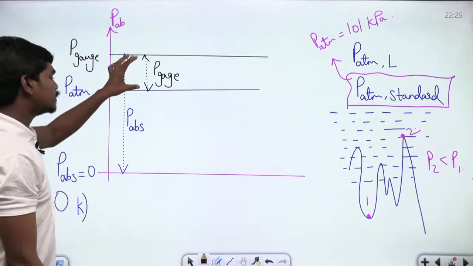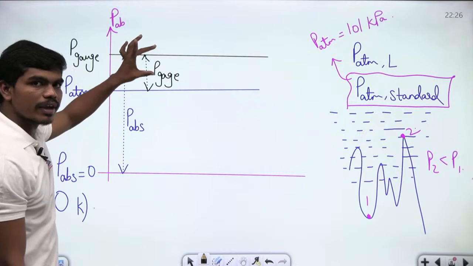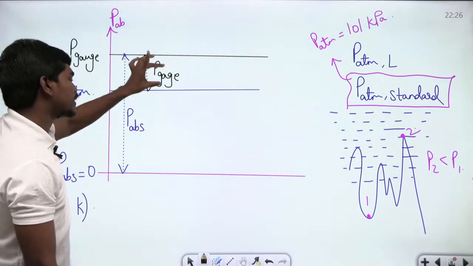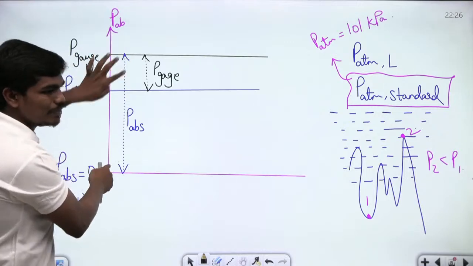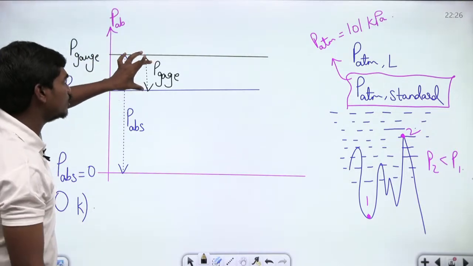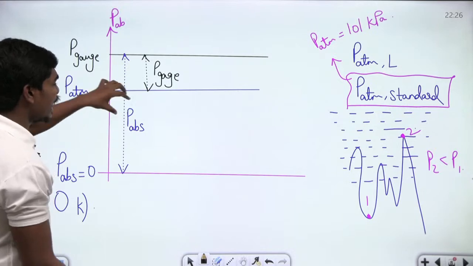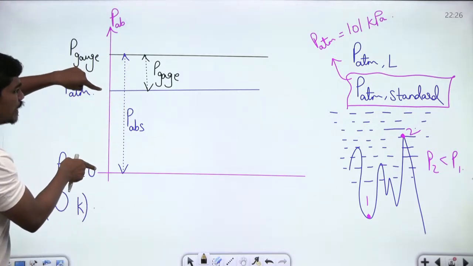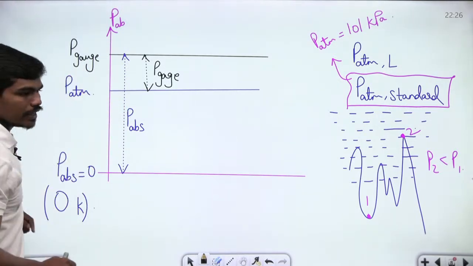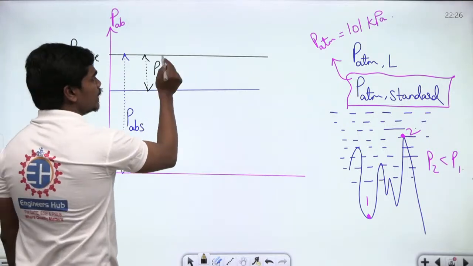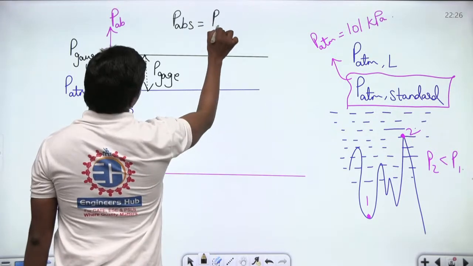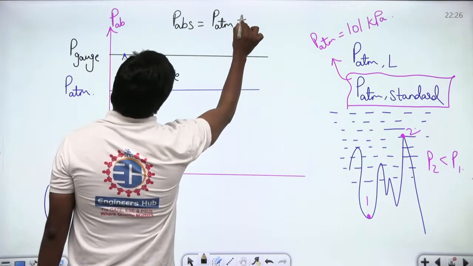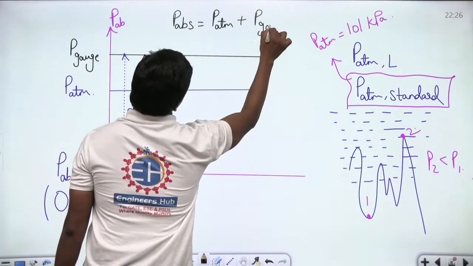Now this gauge pressure is the reading given by your pressure gauge, but the actual value of the gas inside the container is this total value P ABS. And why is this gauge giving only this value? Because this gauge is fitted in the atmosphere, which already has some P atmospheric pressure. Is that clear? So if your gauge is giving you P gauge, what is your P absolute? P ATM, of course standardized, plus P gauge.